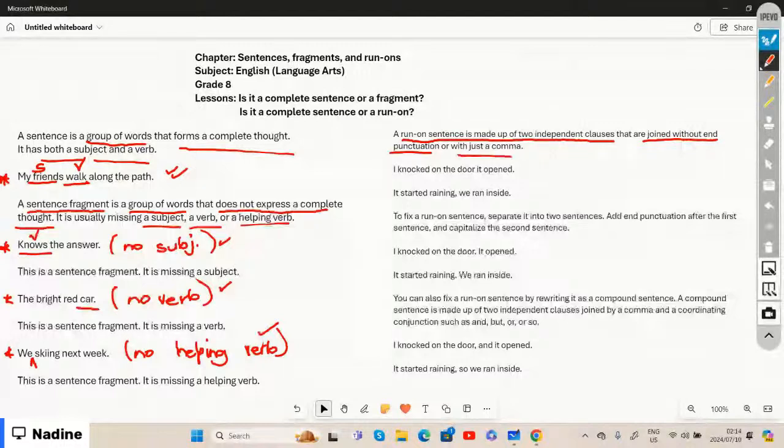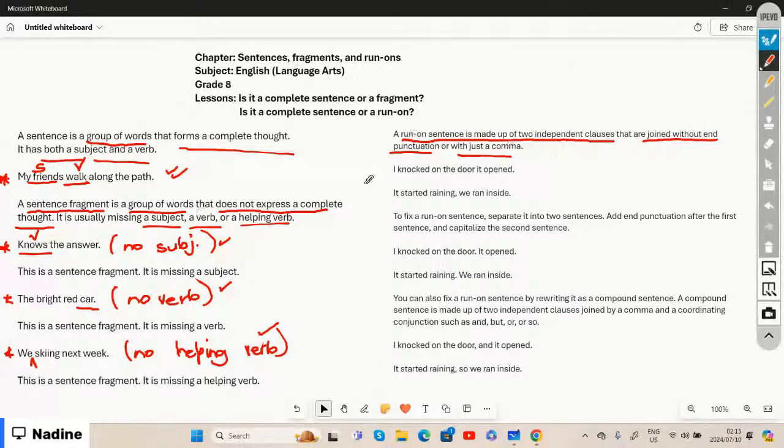We have these two independent clauses in one specific sentence, so there's either no punctuation mark, or just a comma, to show that it's joining the two sentences.